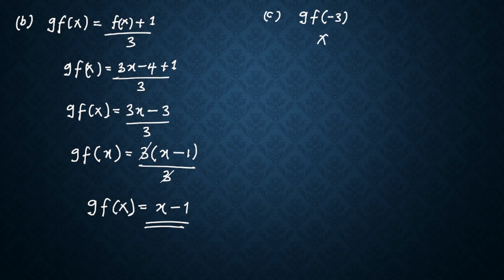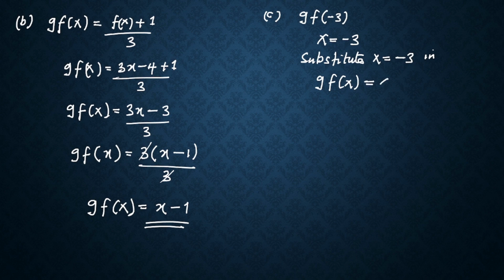This basically tells us that x is equal to negative 3. So you are going to substitute x equal to negative 3 in g of f of x equal to x minus 1.